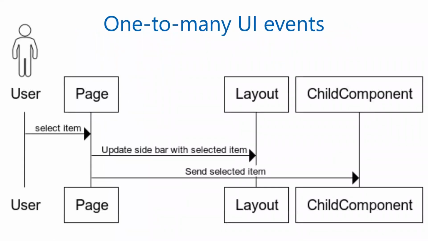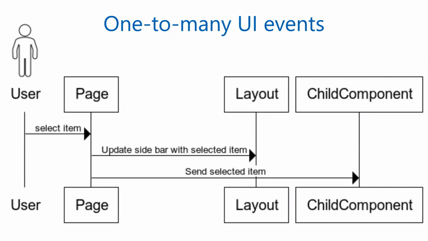And then finally, I want to look at the scenario of one-to-many UI events. And that is where, instead of telling another part of the screen, hey, you need to do something, or you need to load some data so I can show you on the screen, we also need to have notifications.